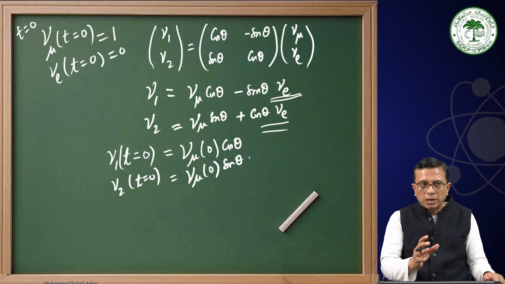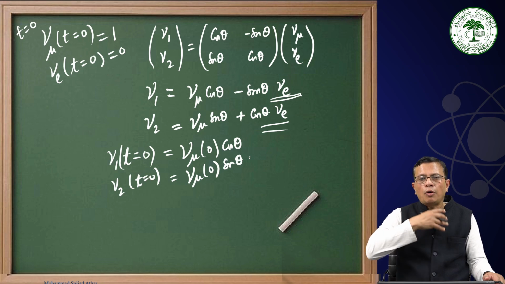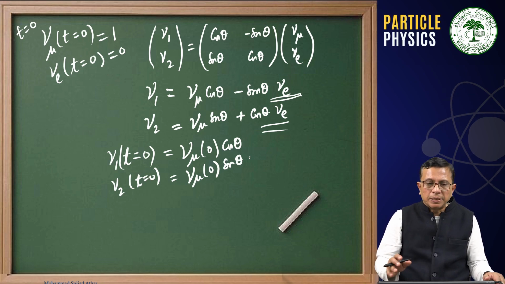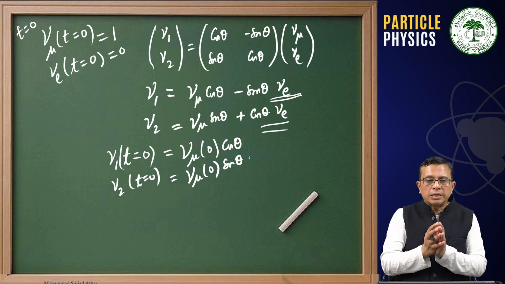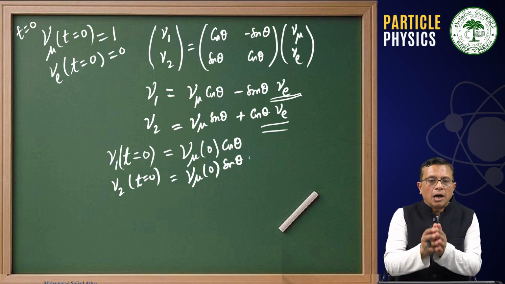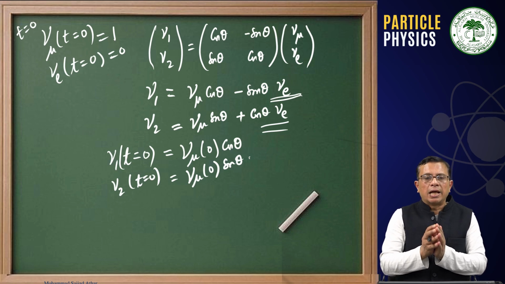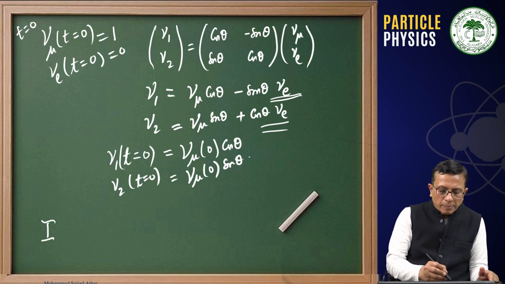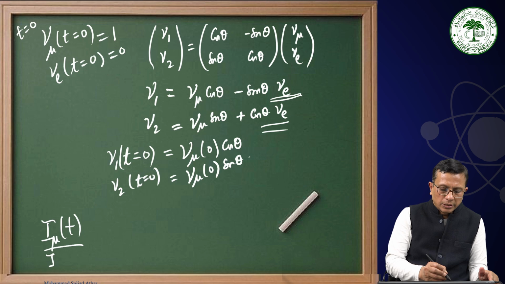Now, what are we talking about? We are talking about how many nu mu's have oscillated. That means we want to measure the intensity of the nu mu's after a time t upon the intensity at time t equal to 0. Therefore, the oscillation probability that we want to talk about is I mu at t upon I mu at time t equal to 0.